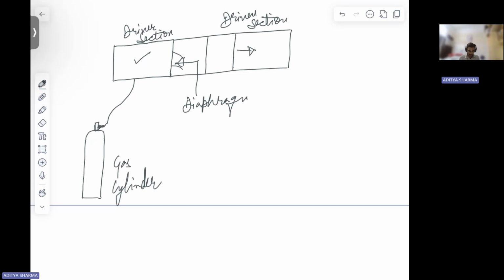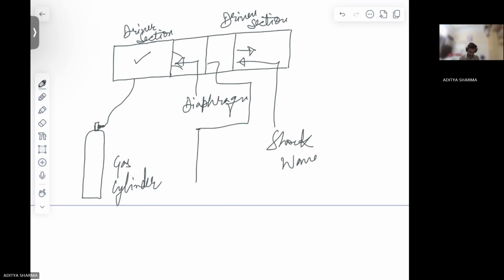In front, you'll have the shock moving, but then here, sorry, this is your contact surface. What is the contact surface?